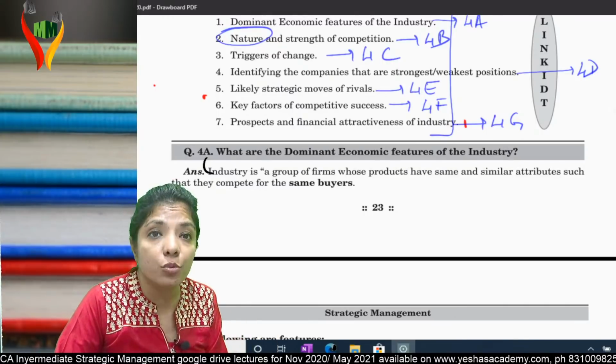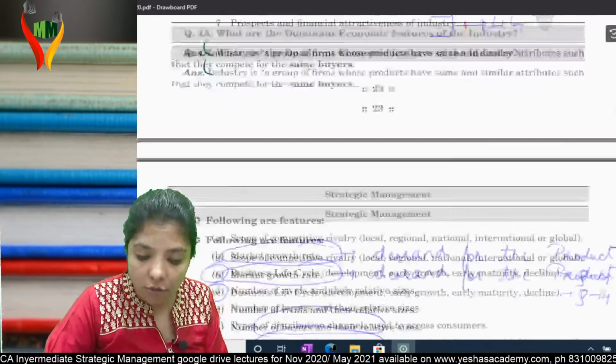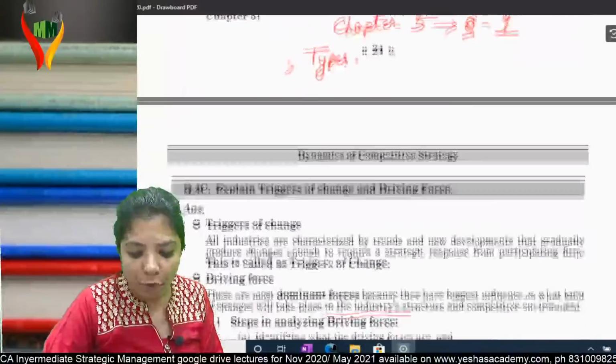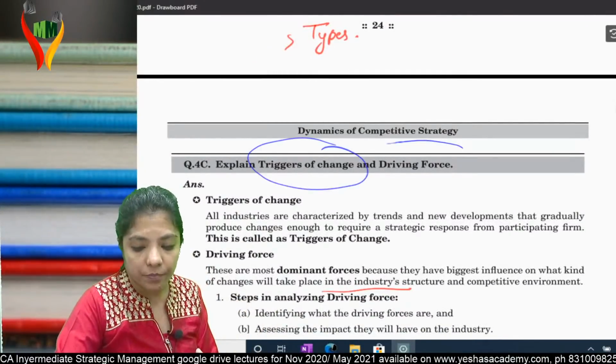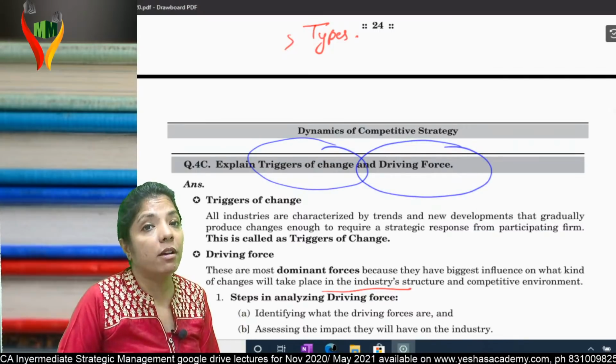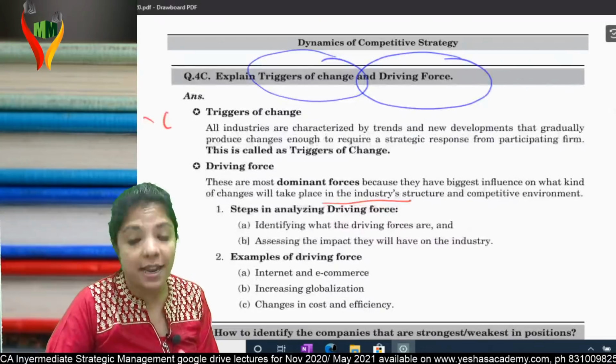What is the third issue? Triggers of change. Come to question number 4c. Triggers of change and driving force. What do you mean by triggers of change and what do you mean by driving force? Let's first understand what a driving force is.